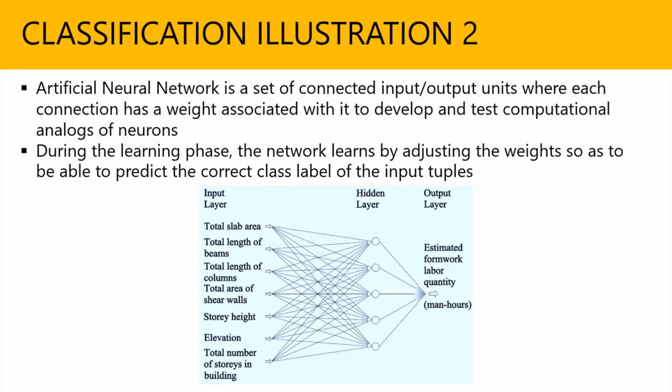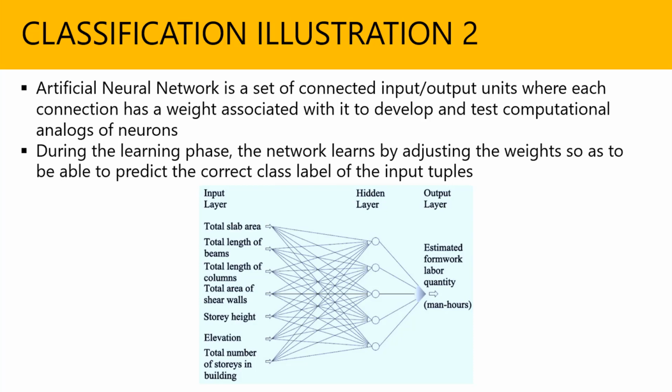Here's another classification illustration example. The artificial neural network, a word that you may have heard, is simply a set of connected input-output units, where each connection has a weight associated, such as the beta weights, right, regression weights, which is to develop and test computational analogs of neurons. So think of this as, during this, let's say, learning phase, the network learns by adjusting the weights, right?